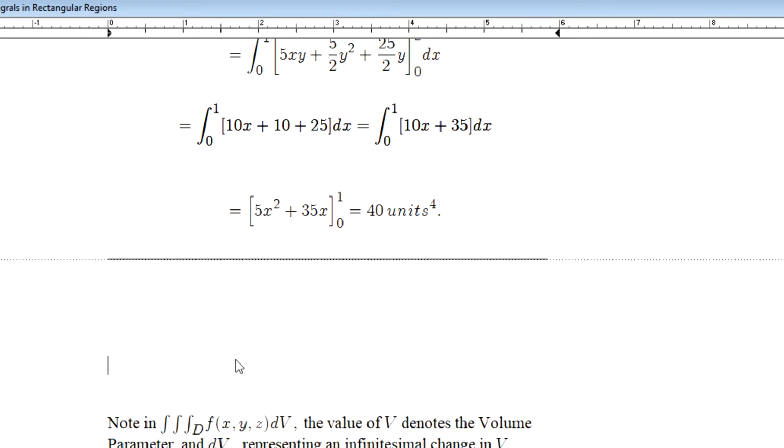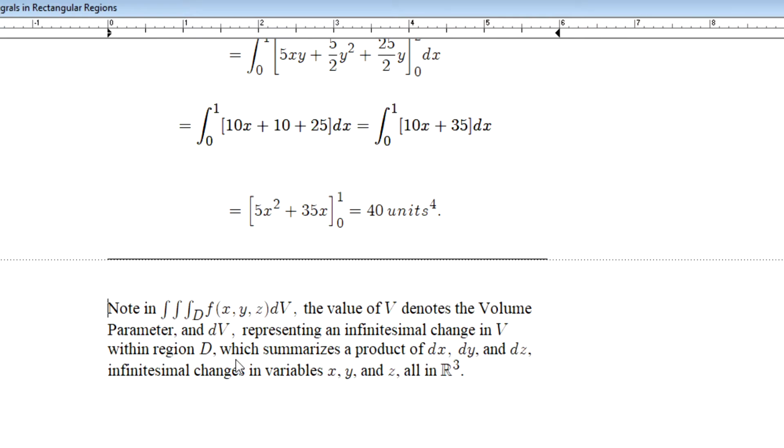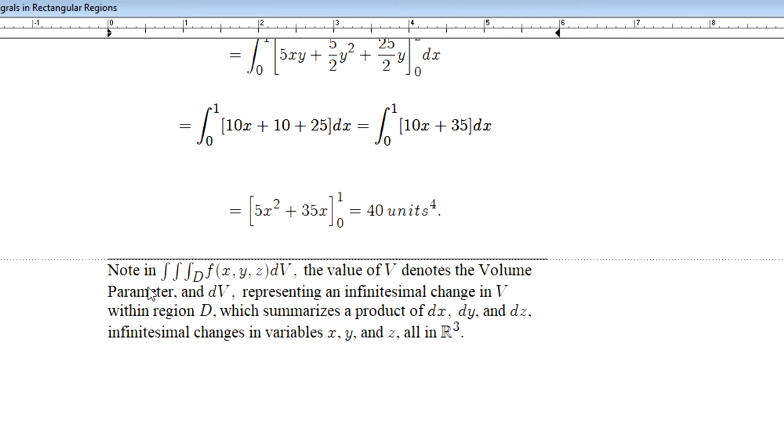Let me bring in some notes here. Note, to begin with, the triple integral over the solid D in 3-dimensional space, for this multivariable function, this 4-dimensional hypersurface, with respect to this variable v, is where this value of v denotes the volume parameter.